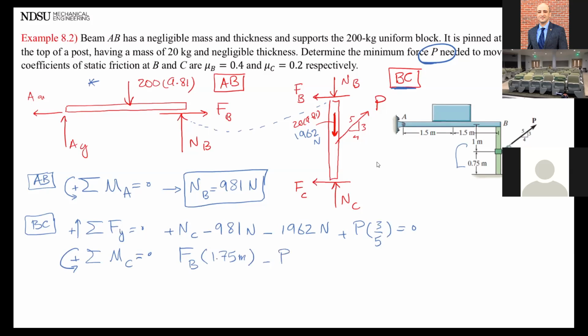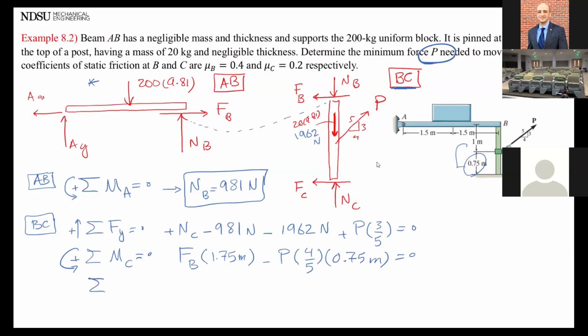Force P, the vertical component will go through it. We only care about the horizontal component at a distance of 0.75, equals 0. Two unknowns still. Let's see if I can do anything between the two equations. Between the two equations, I have two equations and three unknowns. No, I still have one more unknown. So let's keep writing one more equation.